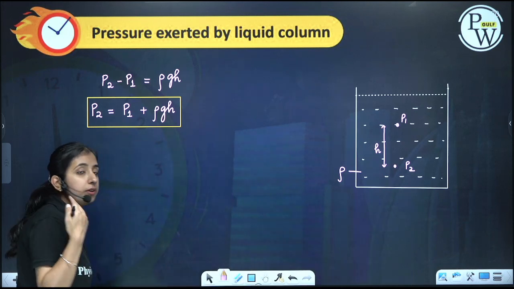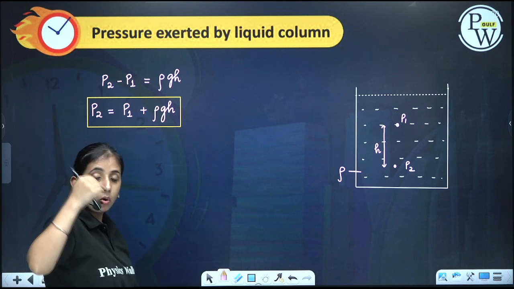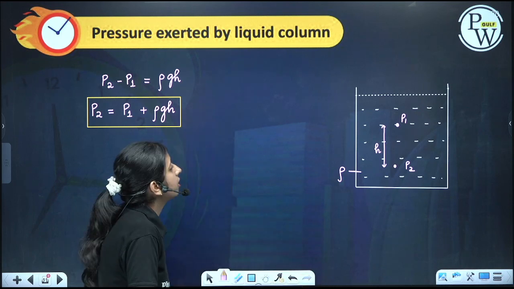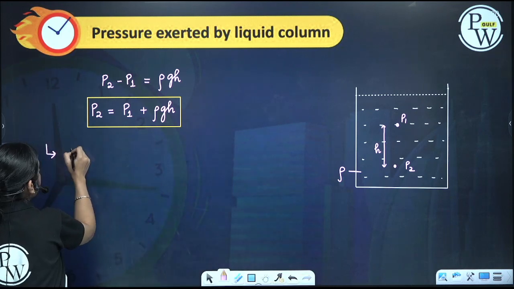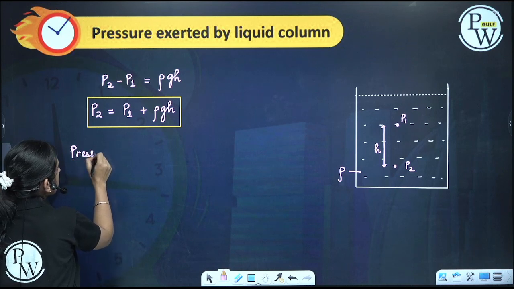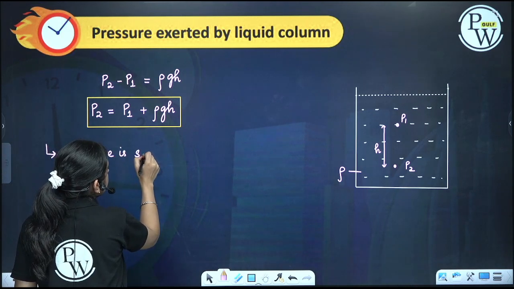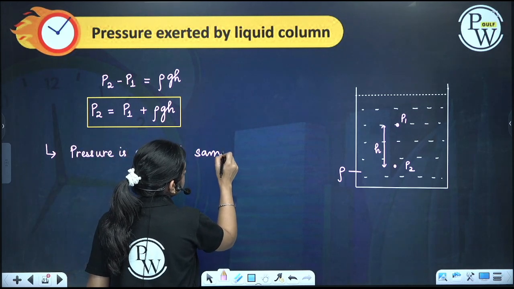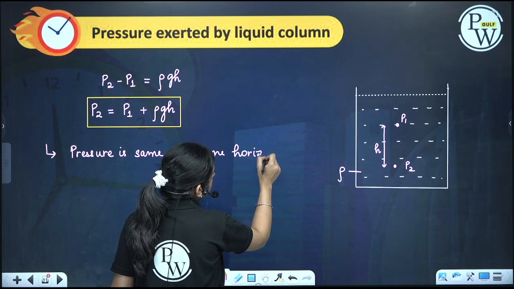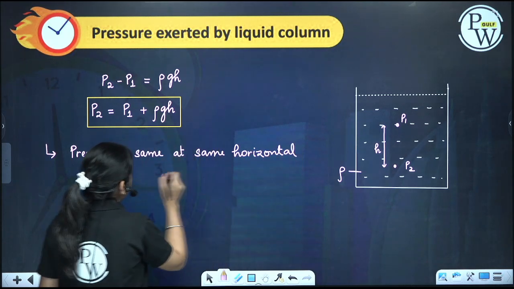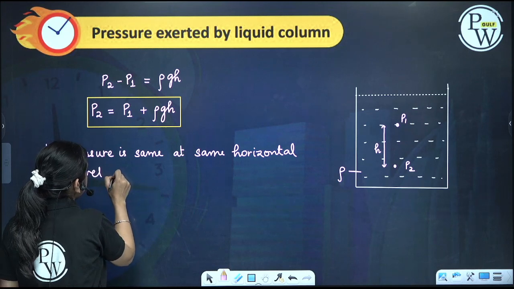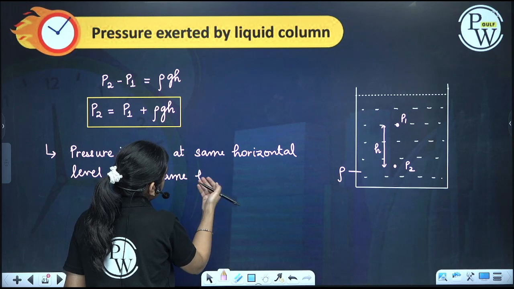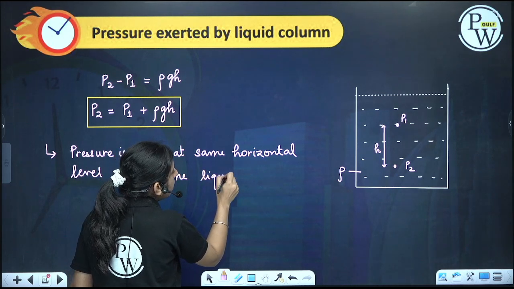If we have a liquid of density rho and its column has a height h, the pressure due to this liquid column is rho GH. Now from this we can conclude that pressure is the same at the same horizontal level in the same liquid.